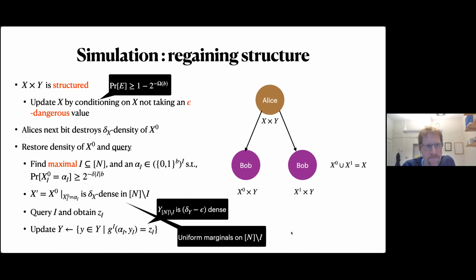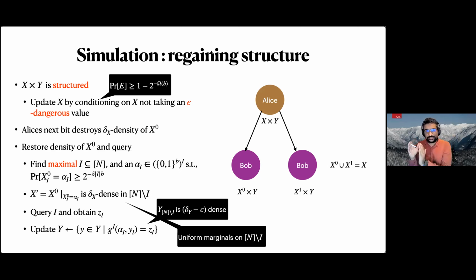I see. Thanks. So now, assuming that we have proved this main lemma, let's revisit how we do simulations, especially how we regain structure. Earlier we showed, at least in the deterministic setting, that the way to regain structure is to find a maximal I that witnesses the loss of density, and then fix that xi to be some alpha I, and then query.